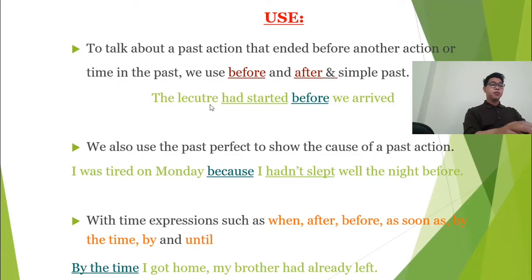Let's go to another example, with time expressions such as when, after, before, as soon as, by the time, by, and until. Okay, by the time I got home, my brother had already left. For example, you were late.